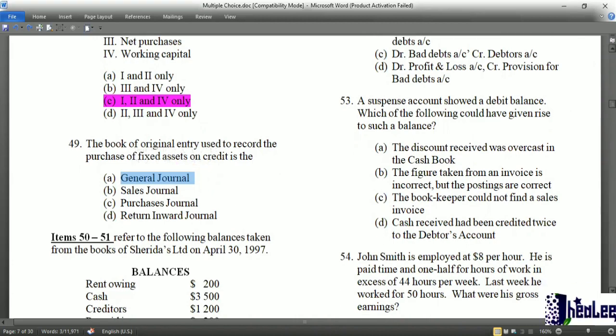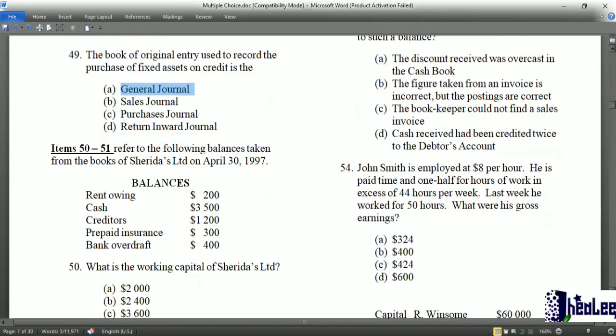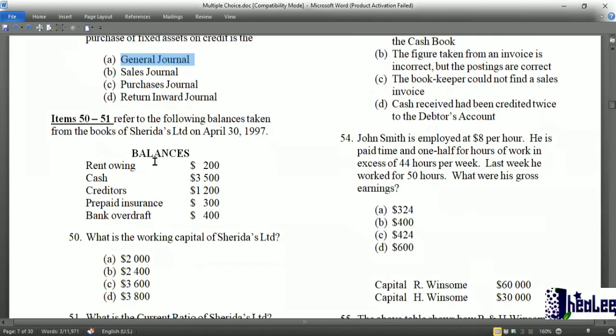Number 50 and 51 refer to the following information taken from the books of Sheridas Limited, and you're asked to calculate the working capital of Sheridas Limited. Based on the information, in order for you to get your working capital, that would be your current assets minus your current liabilities. Your current assets are cash and prepaid insurance, which give you a total of 3,800.